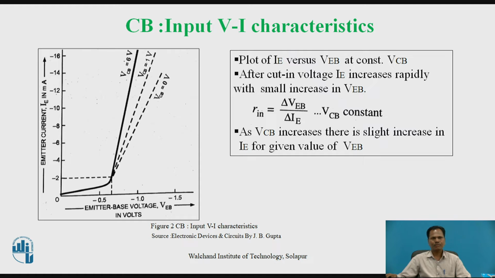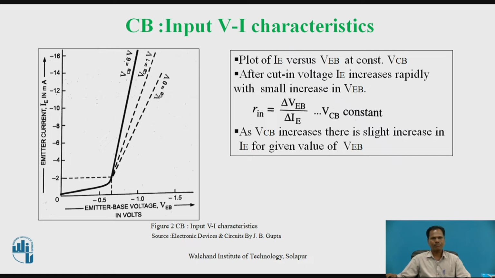What are the input characteristics of a transistor in common base circuit configuration? The input characteristic is a graph of input current, the emitter current IE, versus the input voltage, that is the emitter to base voltage VEB, for a certain constant value of output voltage, that is the voltage at the collector with respect to base, VCB.